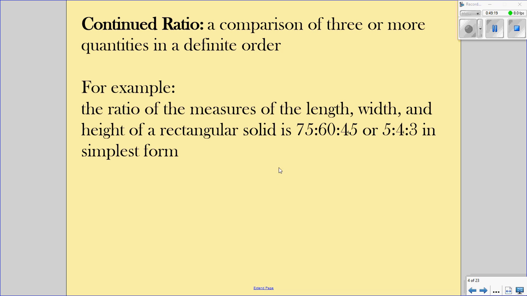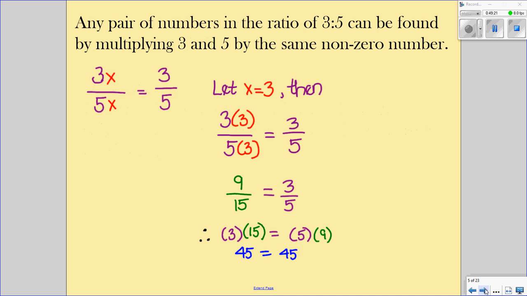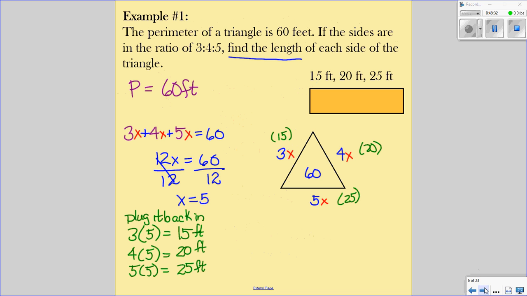When you're trying to find that common number, that's when you would put x. So for the first one where they gave us the perimeter and wanted us to find the length based on the ratio, we do 3x plus 4x plus 5x equal to the total, find the x, then plug it back into the terms with the x's to find our number.